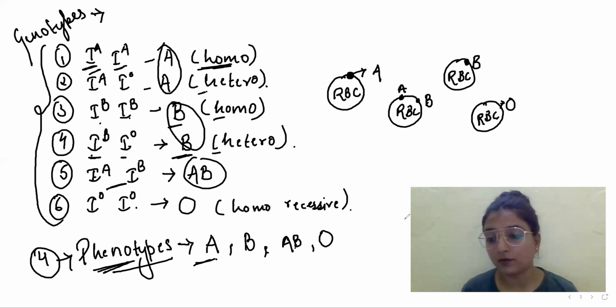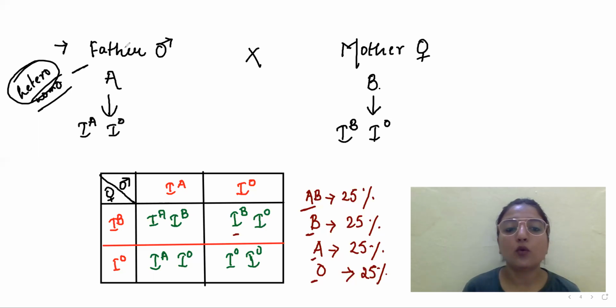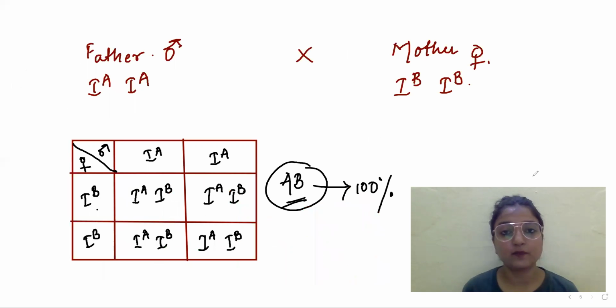If the question states that a father has a particular blood group and a mother has a particular blood group, but it is not given whether it is homo or hetero, we have to take hetero. And if it is given as homo, then the calculation will be like this.